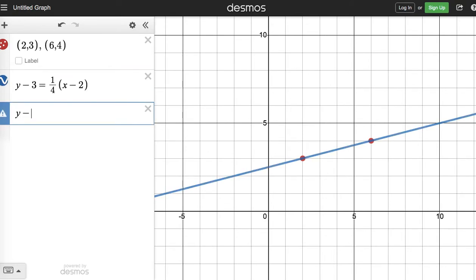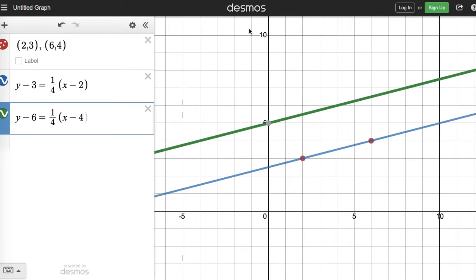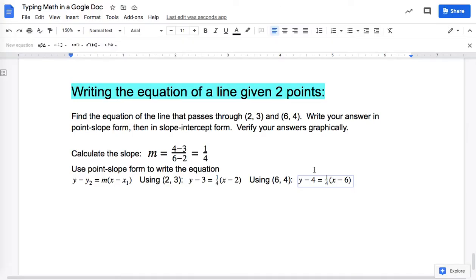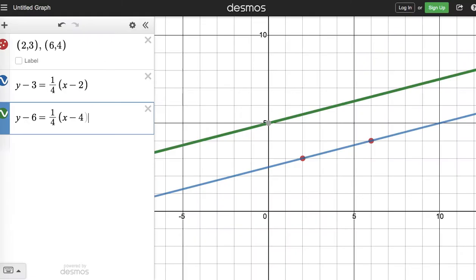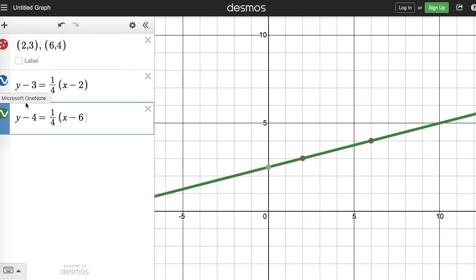So y minus 6 equals 1/4, and then x minus 4. I think I have an error there. Let's go back and check that. Oh, I've got the 4 and the 6 messed up. So this should be a 4, and this should be a 6. And see, it's nice. You can quickly check, see if you have any errors. That green line is on top of the blue line.